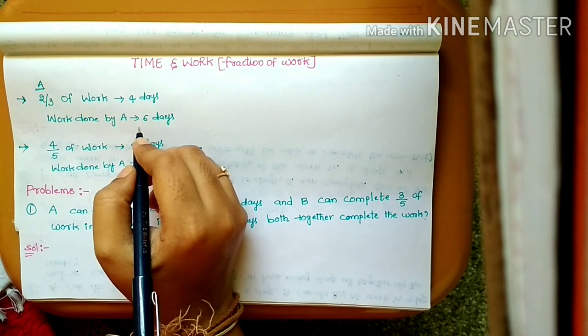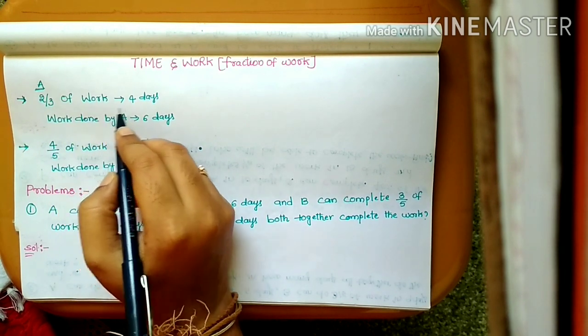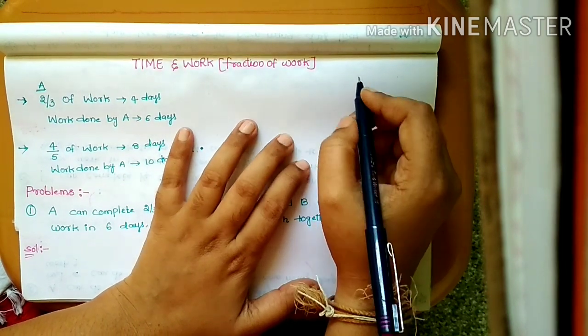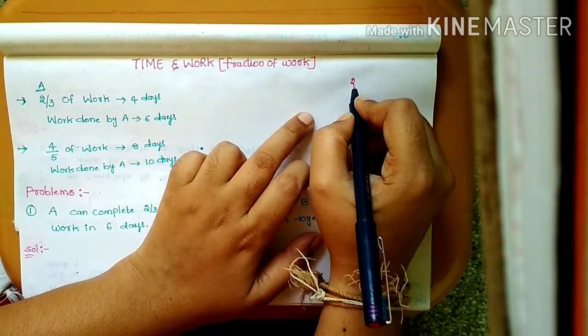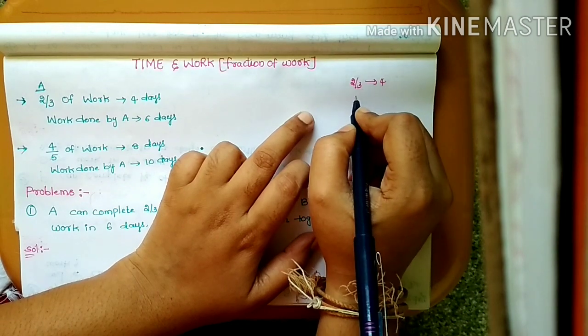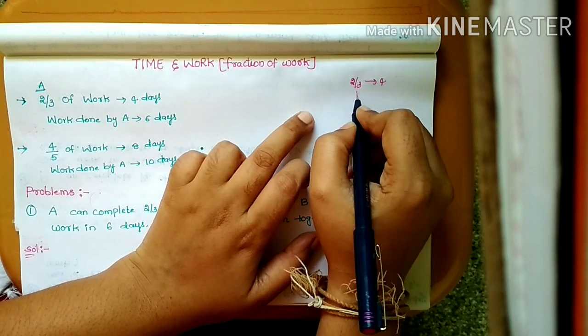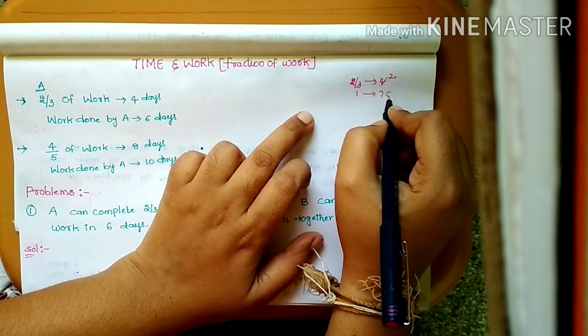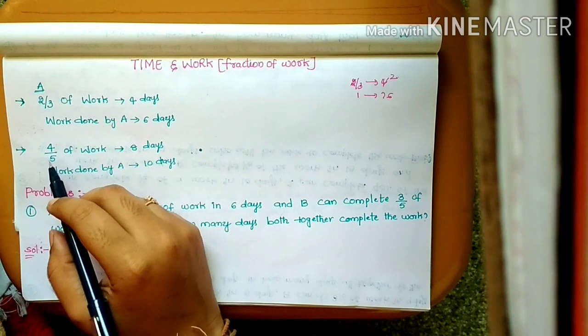A does 2/3 of work in 4 days. That means 2/3 of work takes 4 days. How many days to complete the whole work by A? For 1, how many days? 2 ones are 2 twos. So 6 days. Like that.